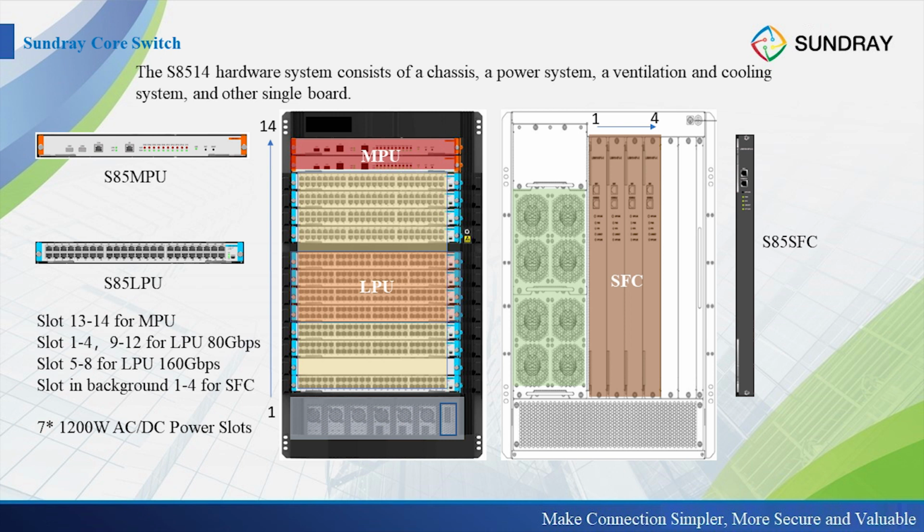Especially slots 5 to 8, these four slots can support line processing units up to 160 Gbps.